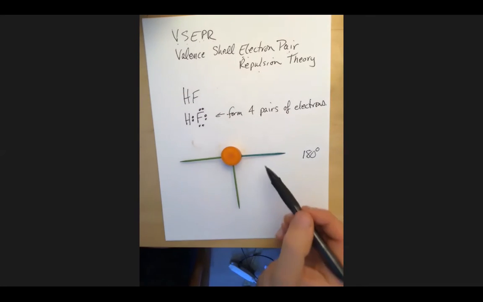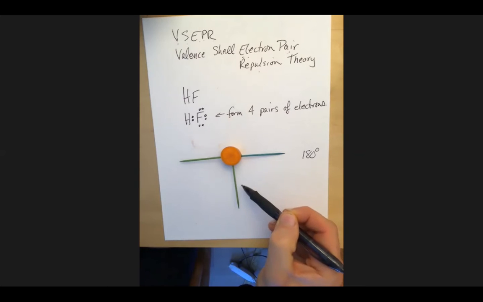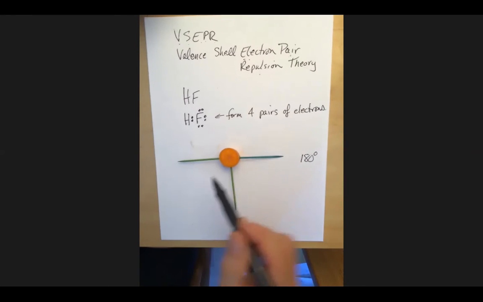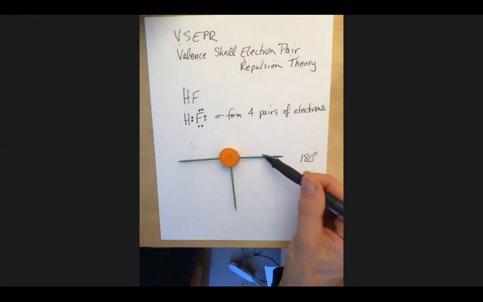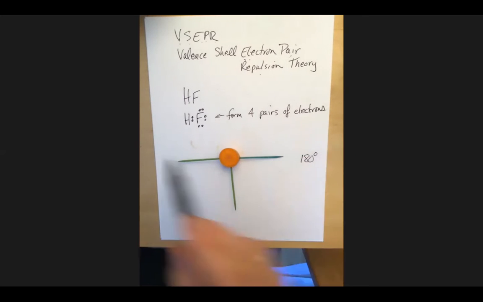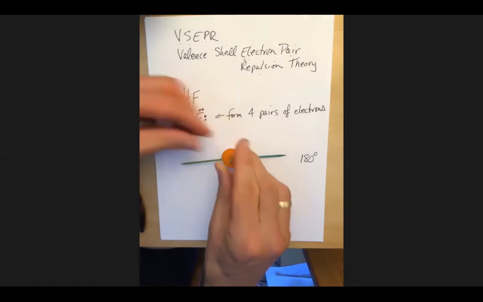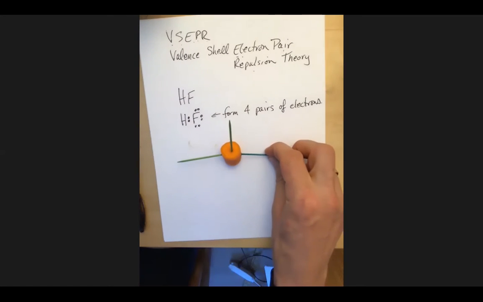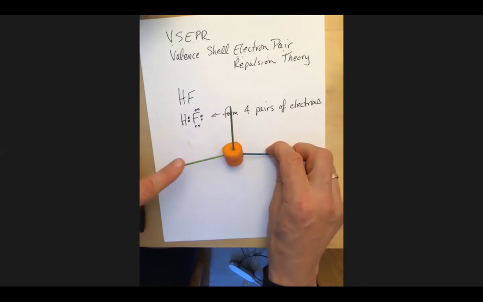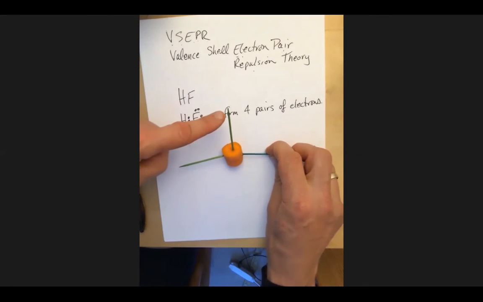Now I've got 90 degrees, 90 degrees, and 180 degrees. That didn't work. What about if I take it out of the bottom here and stick it in the top? Now, if I rotate just a little further, I've basically got the same thing I had before.